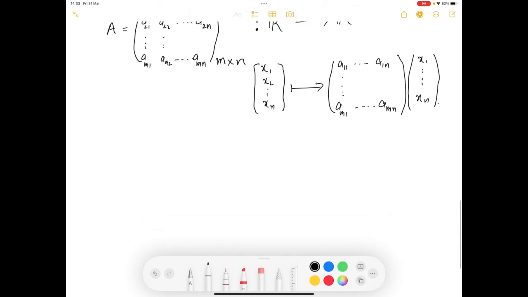Let's see, when we multiply this matrix, we will multiply the first row with this vector.